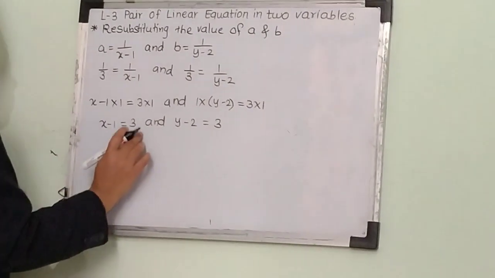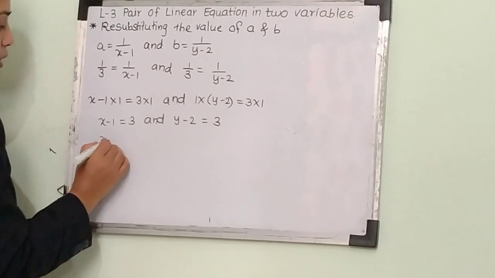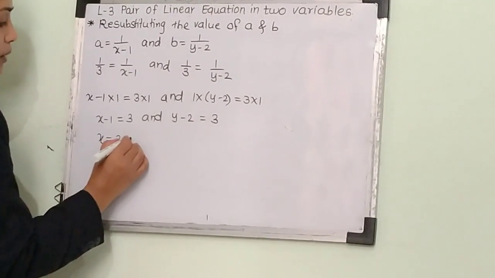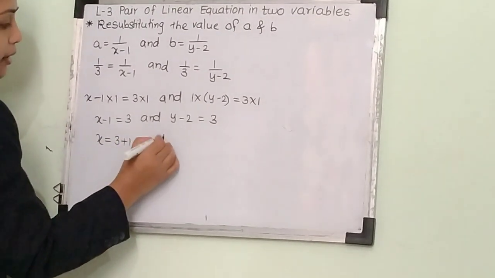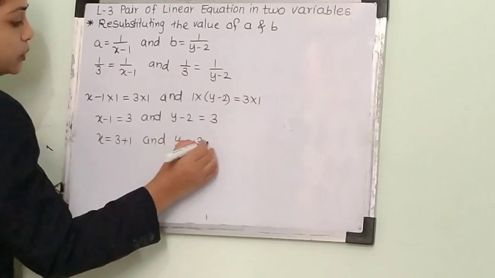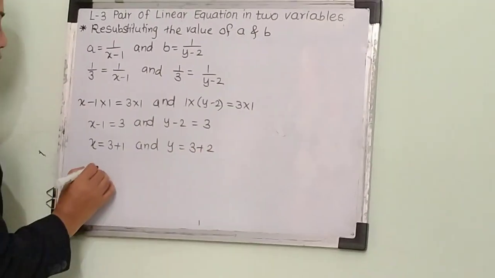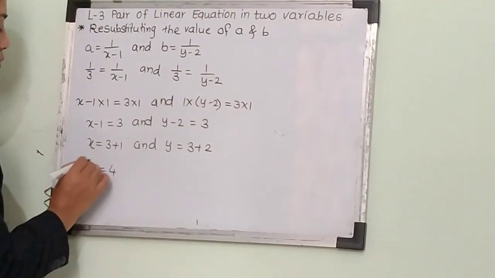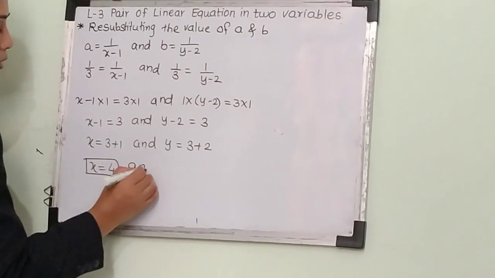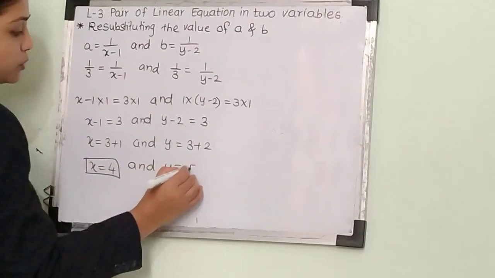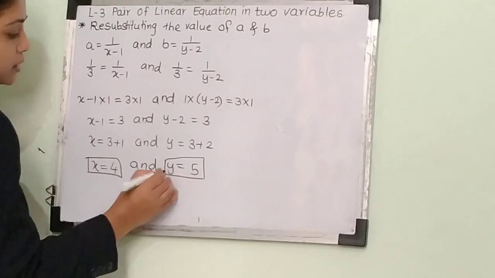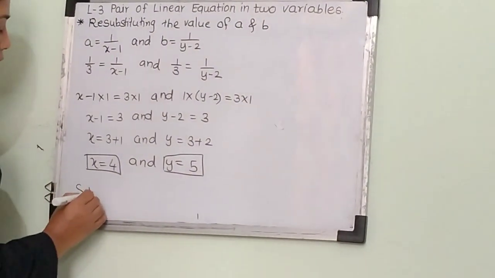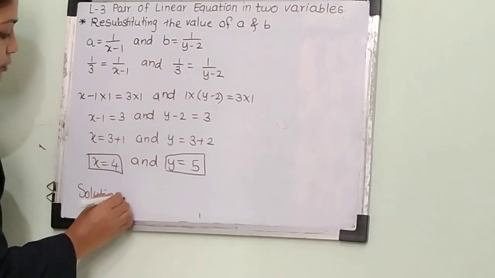Now minus 1 goes to this side, it becomes plus. So x equals to 3 plus 1 and y equals to 3 plus 2. So here we get x equals to 4 and y equals to 5 is the solution of the given equations.